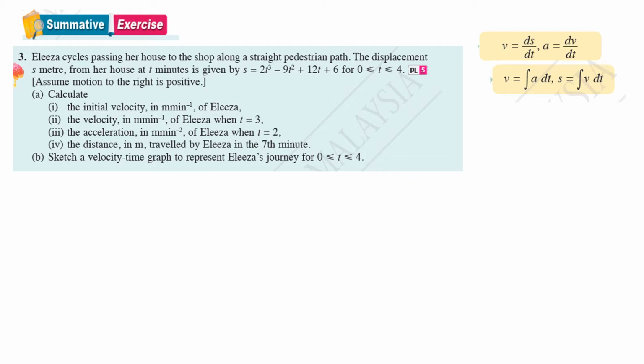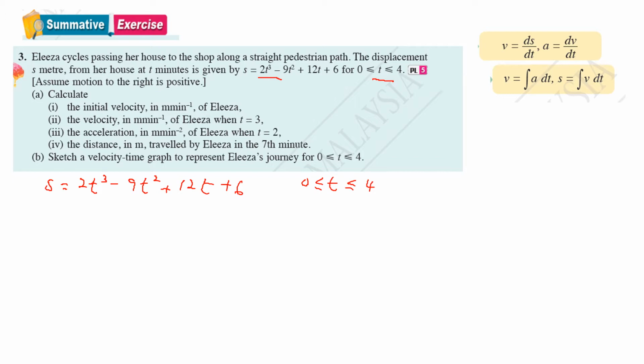The displacement s is given by the function s equals 2t cubed minus 9t squared plus 12t plus 6, where t is between 0 and 4. Assume the motion to the right is positive, so motion to the left will be negative.